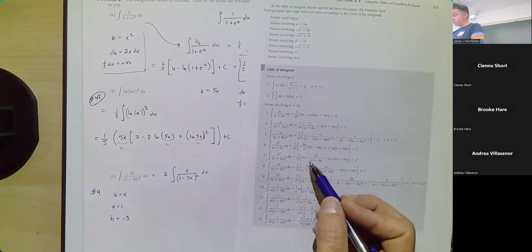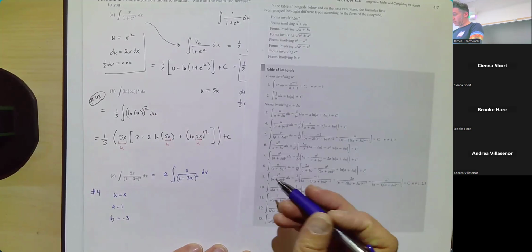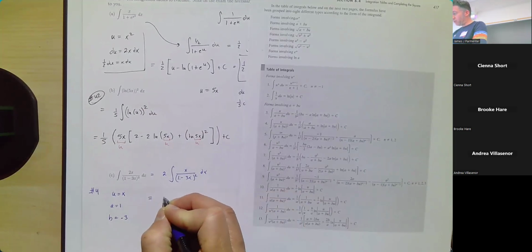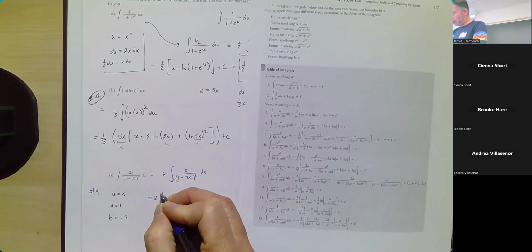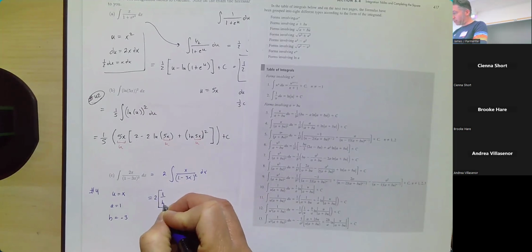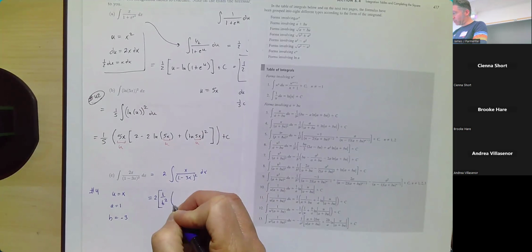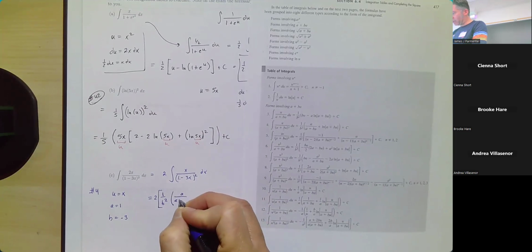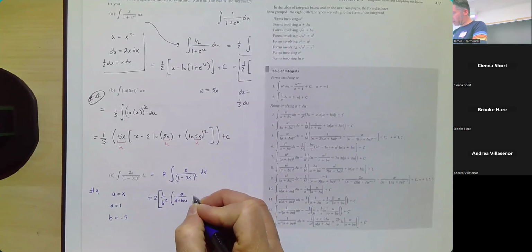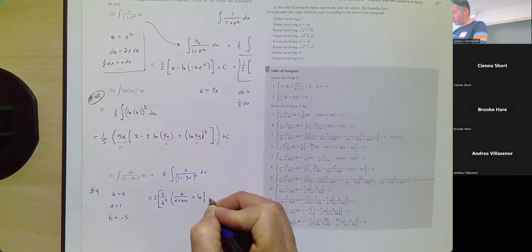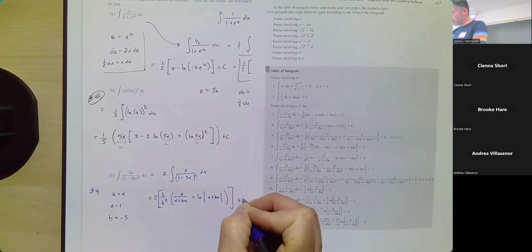So then I can use this formula 4, and say that great, this is going to equal, I'm going to write down the formula here. 2 times 1 over b squared times parentheses a over a plus bu plus the natural log of the absolute value of a plus bu plus c.